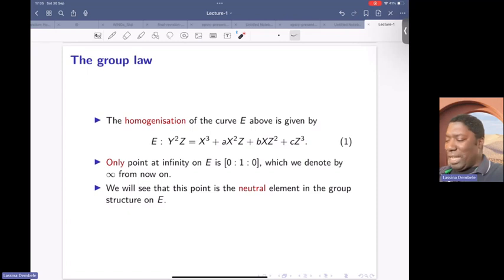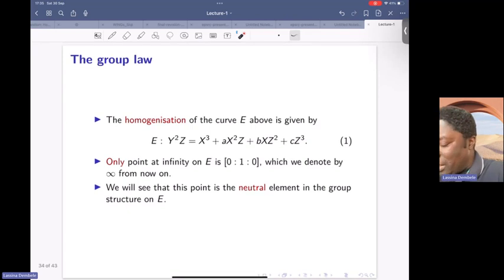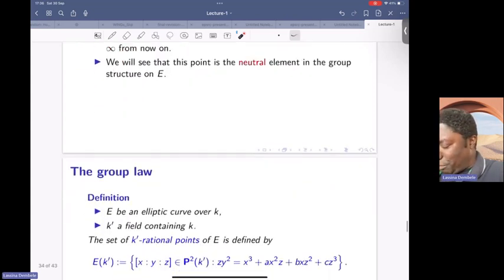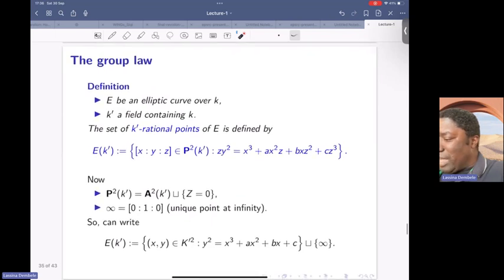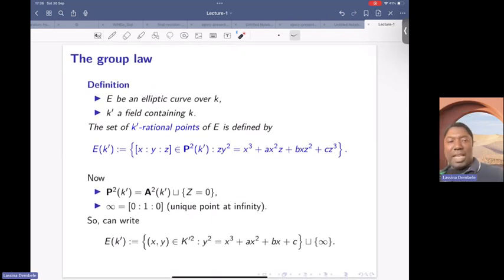And then if you do that, you would see that there is only one point at infinity, the point with coordinates 0, 1, 0. So this is the only point at infinity. And we are going to see that this is the point that will play the role of the neutral element in our group structure.